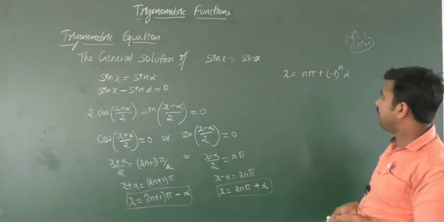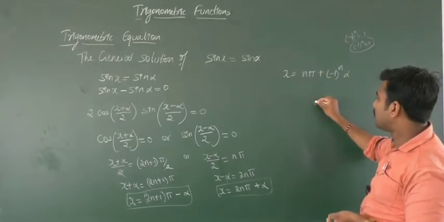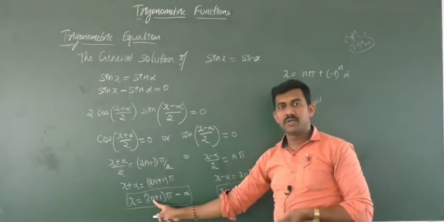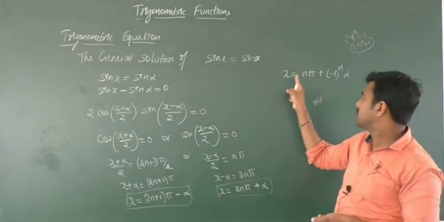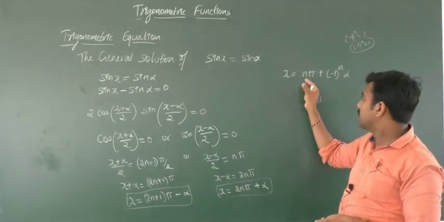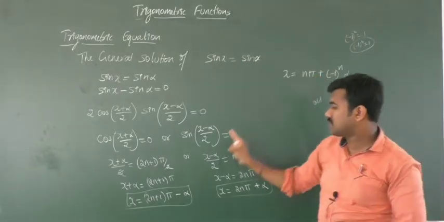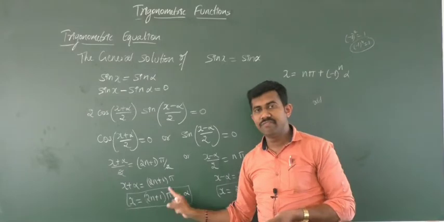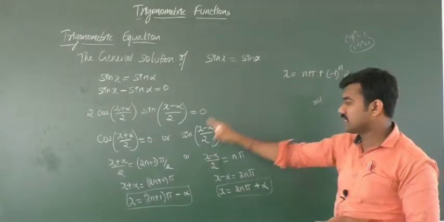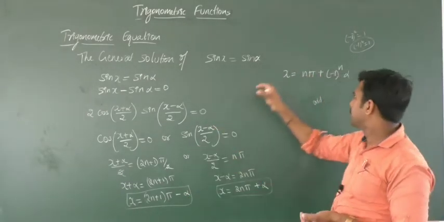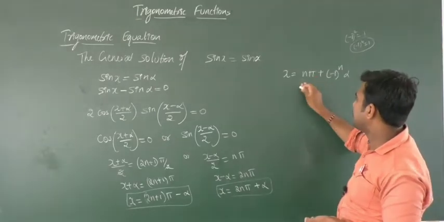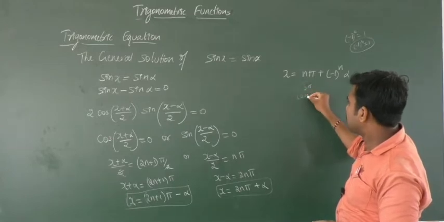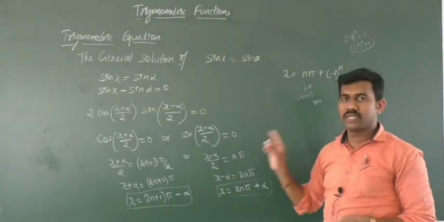If you consider n an odd number, then we'll get this form 2n plus 1, because we can observe, if you consider n as 1, we'll get 3 pi. That is nothing but 2 into 1 plus 1, into pi.